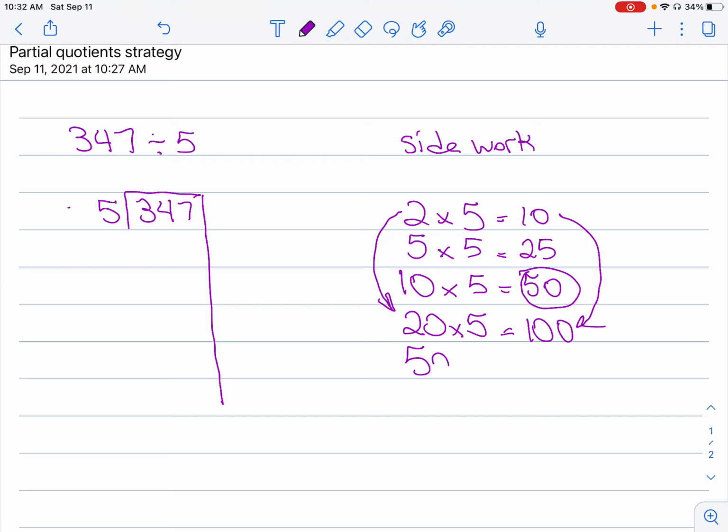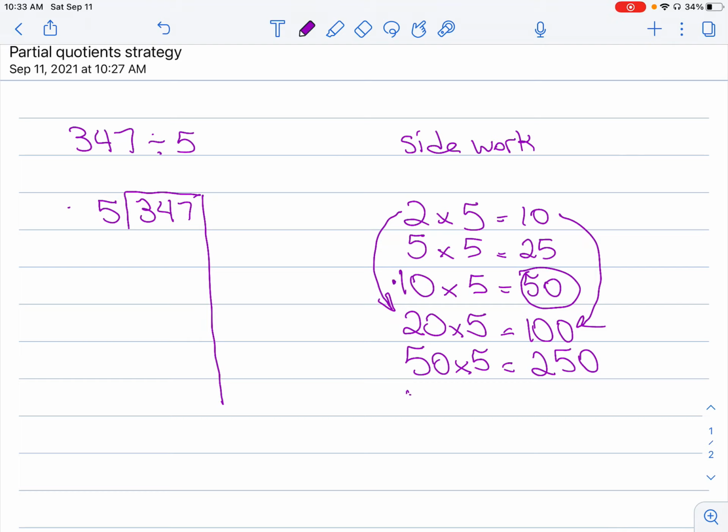The next one would be 50 times 5. And that is just, like I said, just add a 0. 250 would be what it comes to. 5 times 5 is 25. Add one more 0. The next one would be my 10.